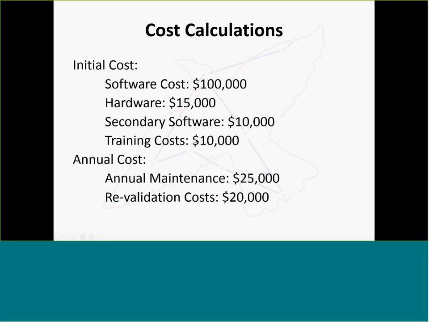Your training costs, particularly for authors, but also your publishers and your regulatory support. And for annual costs, generally the annual maintenance is about 25% of the purchase price. So for $100,000, you're looking at $25,000.